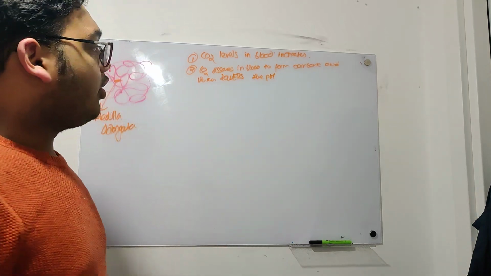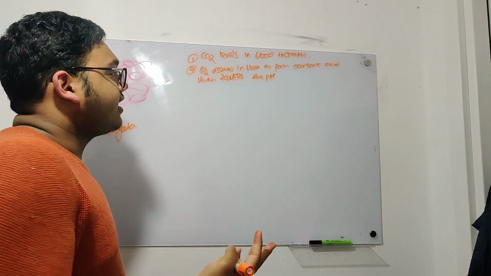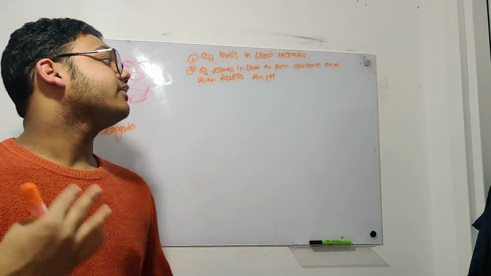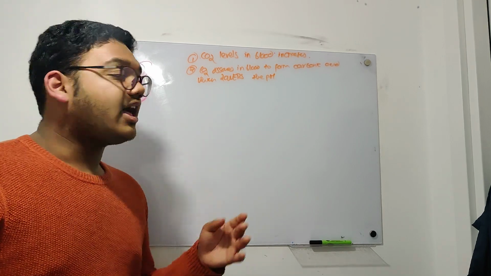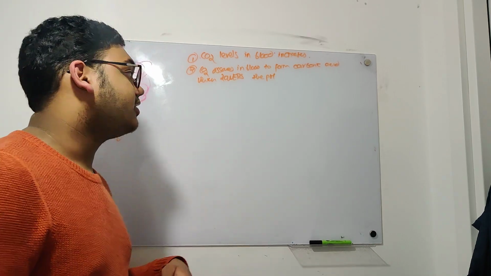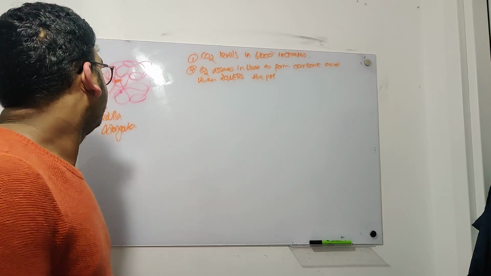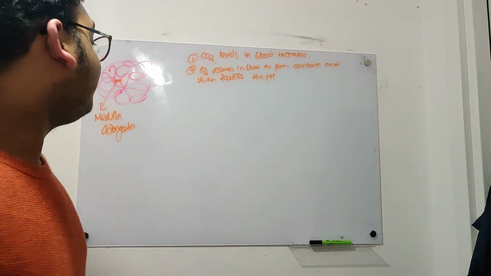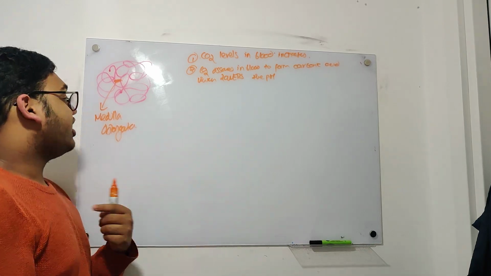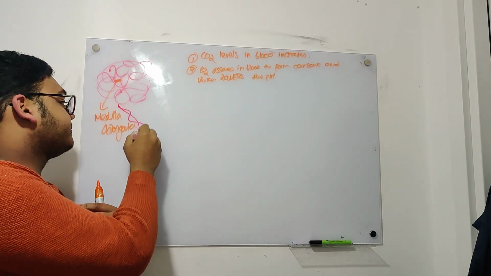Now, by lowering the pH, the body will detect that, and as you know, homeostasis is the establishment of balanced conditions that allow the body to do its metabolic processes in an appropriate way. So we have some things that will detect that change in pH, and those are called carotid arteries.